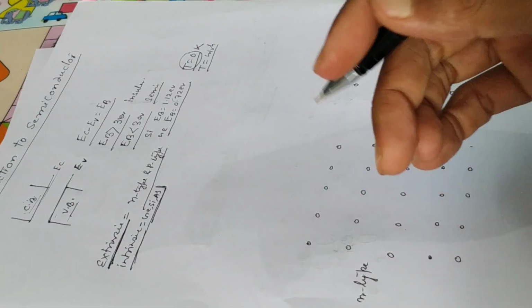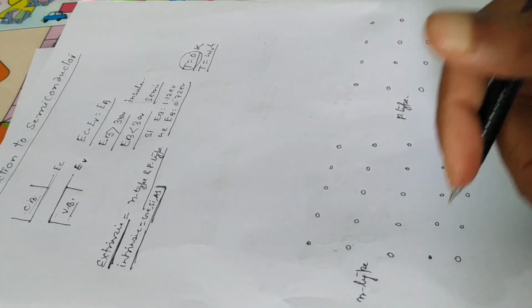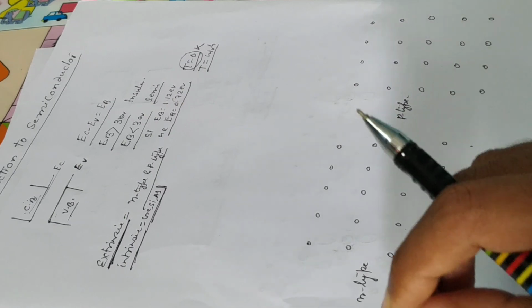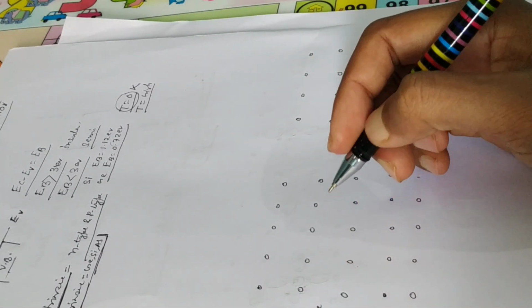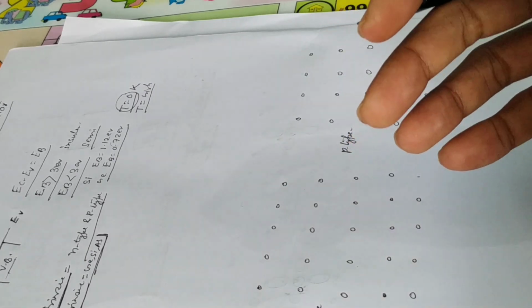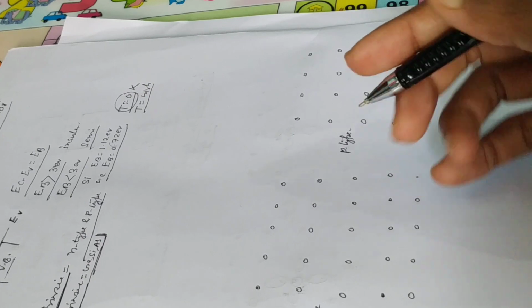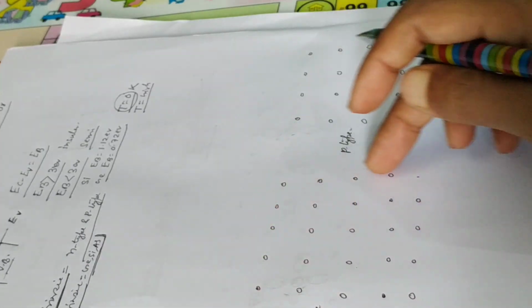We know all the semiconductors are available in crystalline form, which means in a crystalline structure all the atoms are regularly arranged. For n-type semiconductors, pentavalent impurity atoms are added to the silicon or germanium.